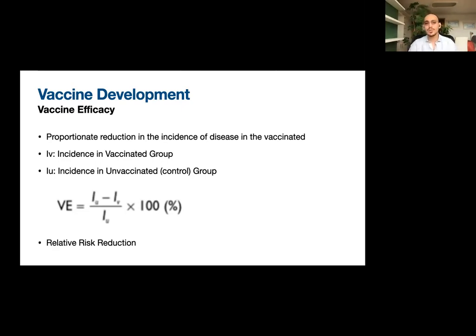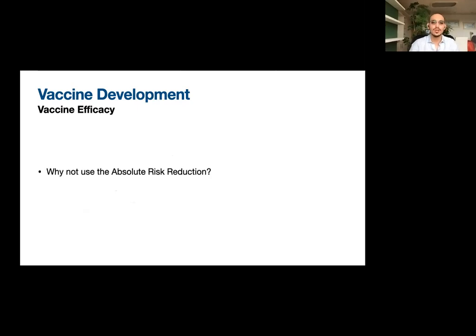And I always wondered, why are we using the relative risk reduction? Why not use the absolute risk reduction, which has been more used in other diseases?